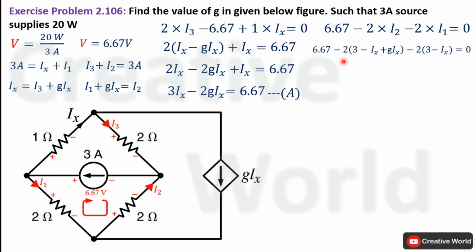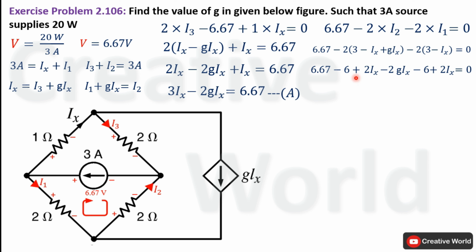Take the product of minus 2 and 3, it will become minus 6. Similarly, the product of minus 2 and minus Ix will become plus 2Ix, and the product of minus 2 and Gix will become minus 2Gix. Similarly, the product of minus 2 and 3 will become minus 6, and the product of minus 2 and minus Ix will become plus 2Ix.